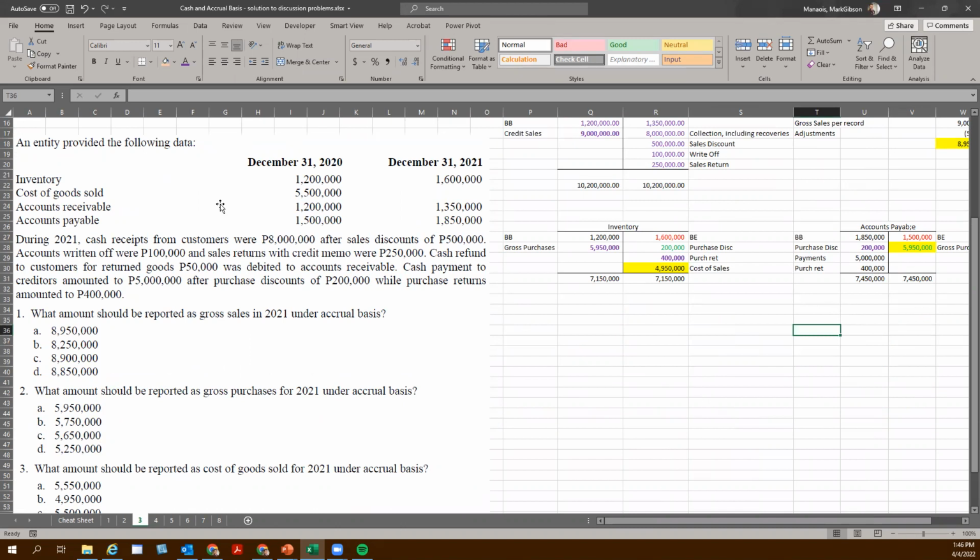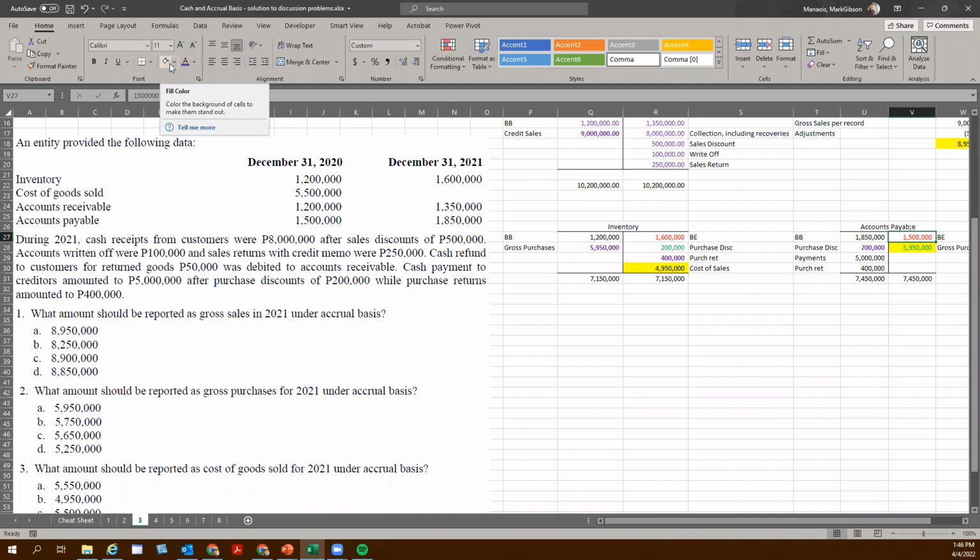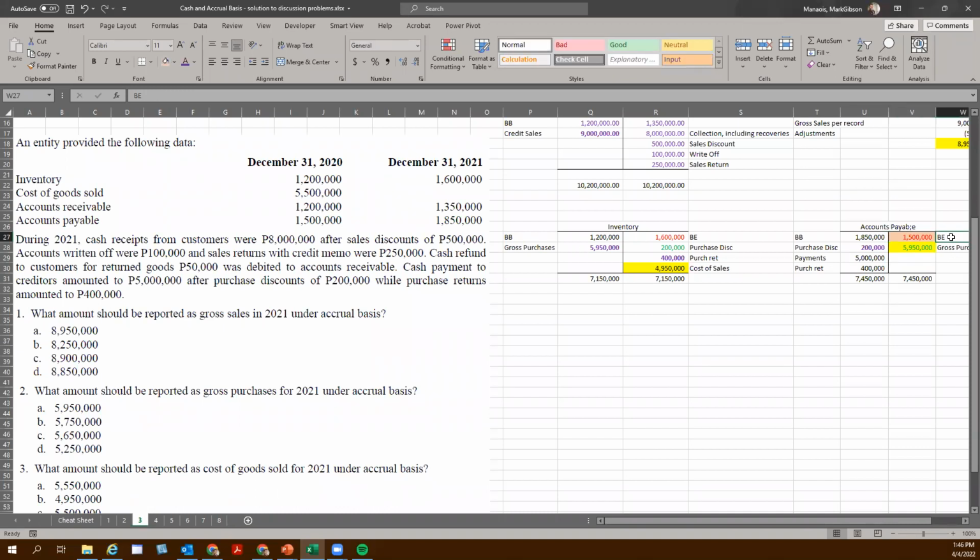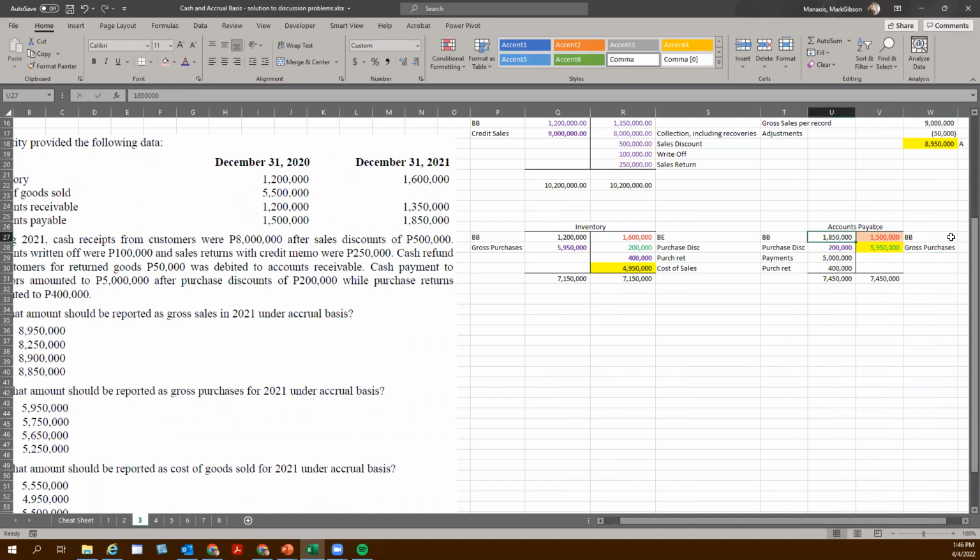We have accounts payable, 1,500,000 beginning balance. This is beginning. This is ending, 1,850,000.